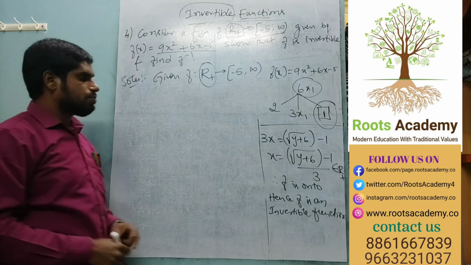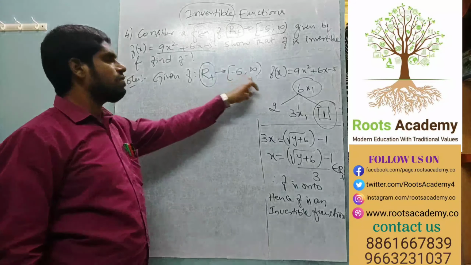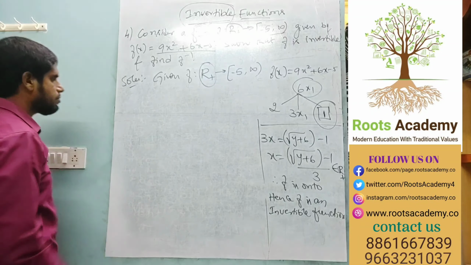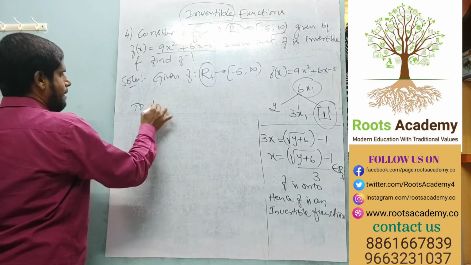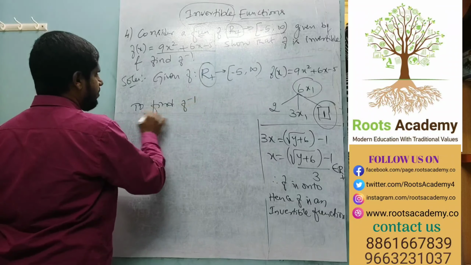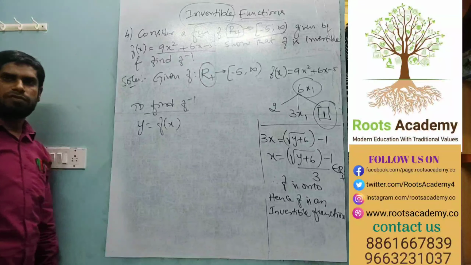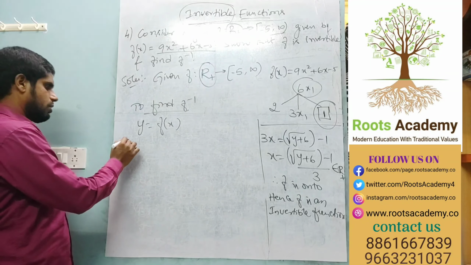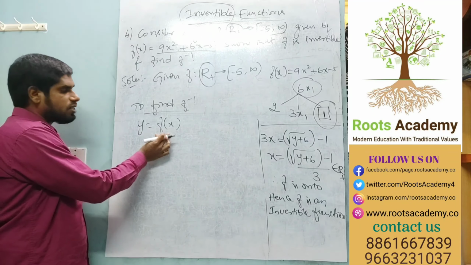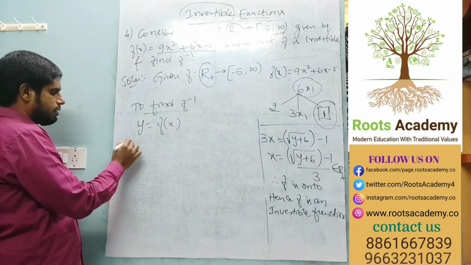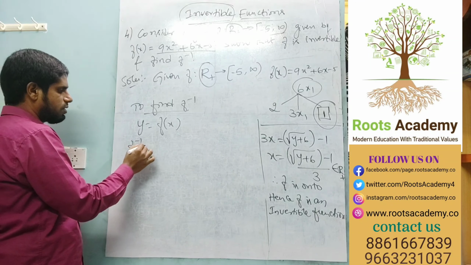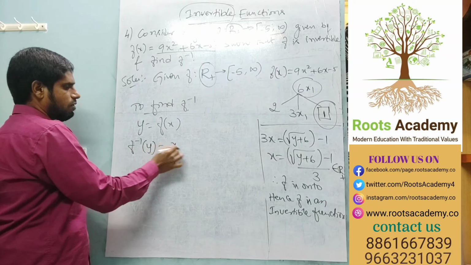Now student, let us find the inverse of this function. To find f inverse, y is equal to f of x. So to find the inverse, I will shift this function to the other side. So it becomes f inverse of y is equal to x.